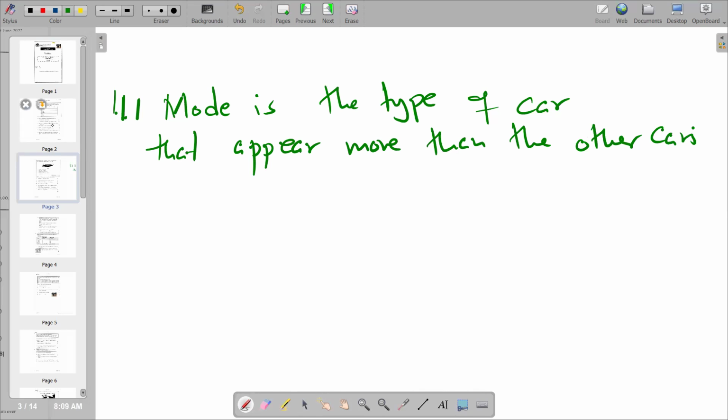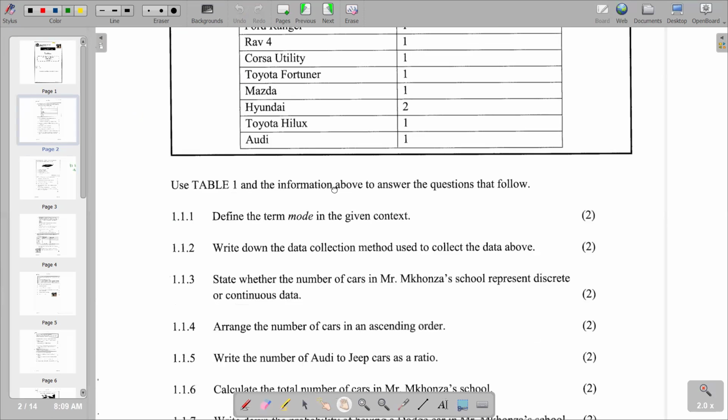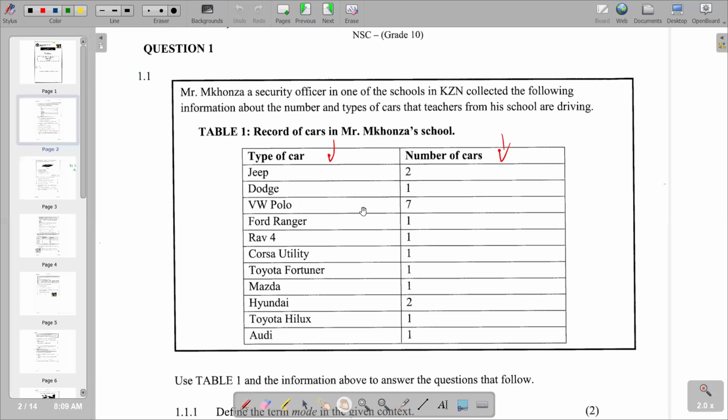Moving on, the next question reads, write down the data collection method used to collect the data above, for 2 marks. The data collection method used, we can just deduce from what we have. It reads, Ms. Mkoza, a security officer in one of the schools in KZN, collected the following information about the number and types of cars that teachers from this school are driving.